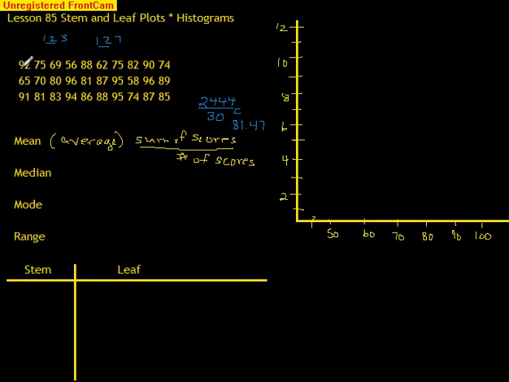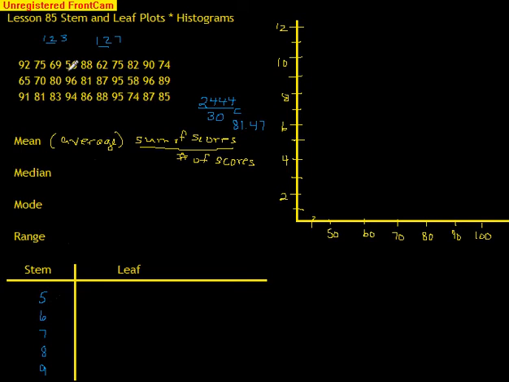Usually with two-digit numbers, there's going to be one number that's your stem, and your other number is going to be your leaf. So let's look at the first numbers. We have a 9, a 7, a 6, a 5, and an 8. So for our stems, we have 5, 6, 7, 8, and 9. We put our first numbers down, and then we find out what we have for our leaves.